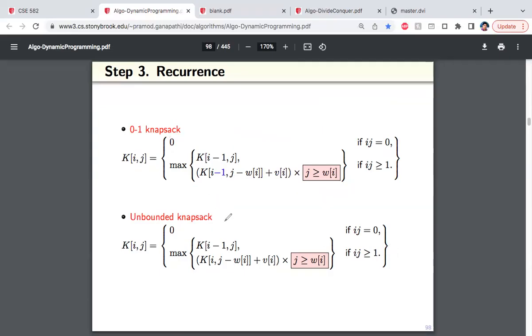As I said, the only difference between 0-1 and unbounded is just the minus 1. Can you tell me why, when we remove it, it becomes the recurrence for the unbounded version?